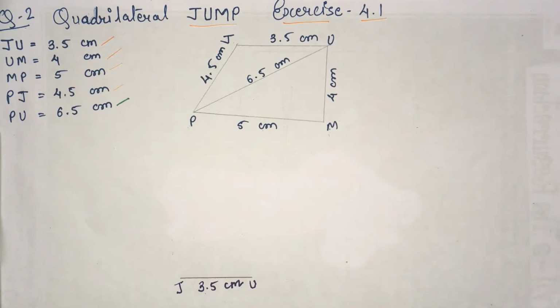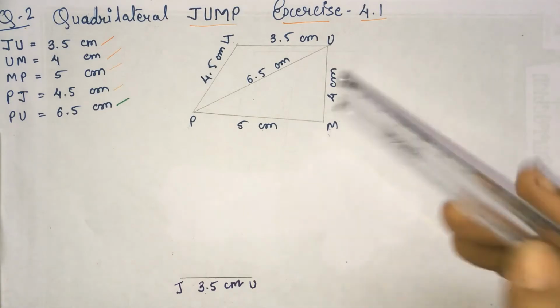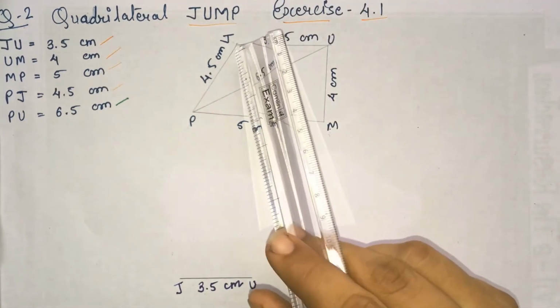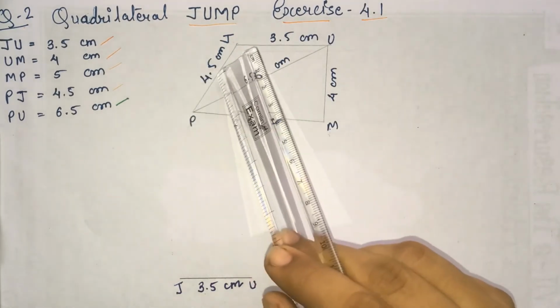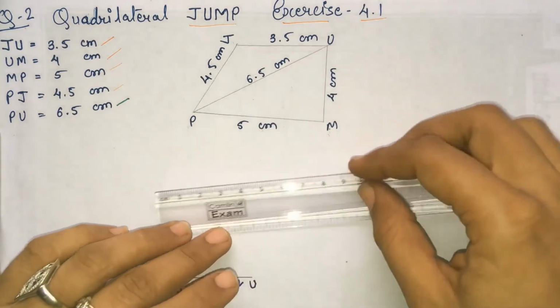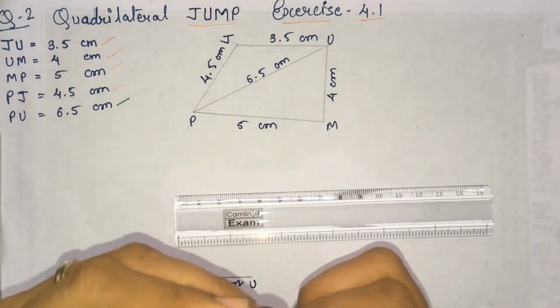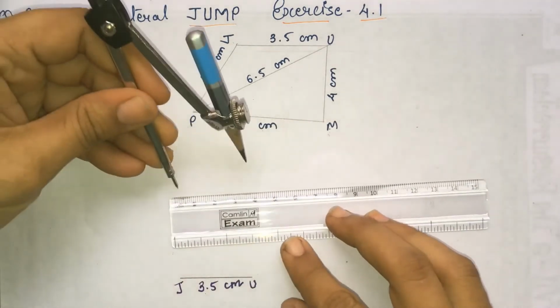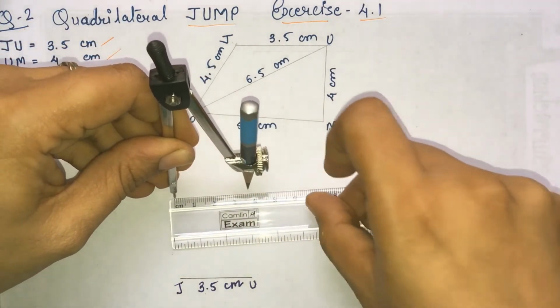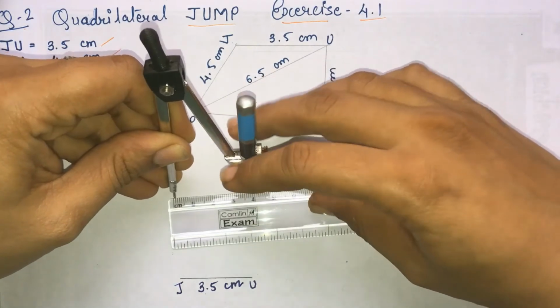Next, we are done with this JU. So now we have to go for JP, which is 4.5 centimeter. So for that JP we will take the radius of 4.5 centimeter.